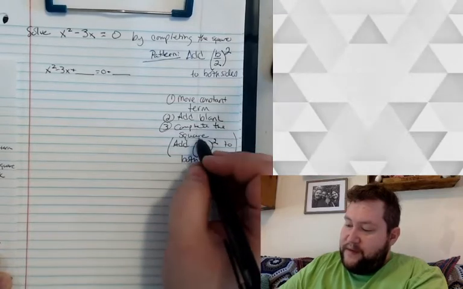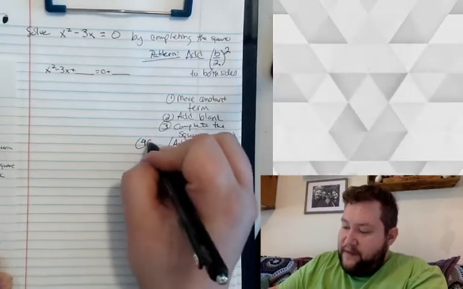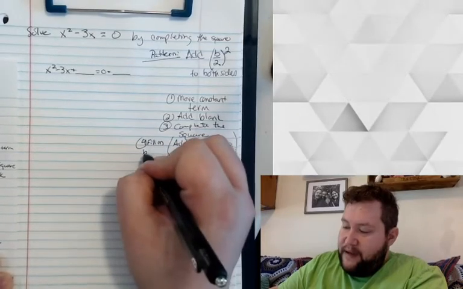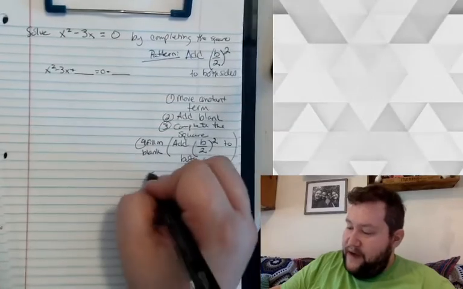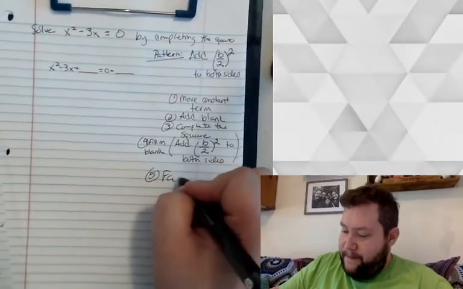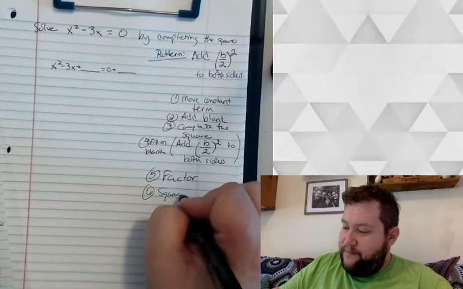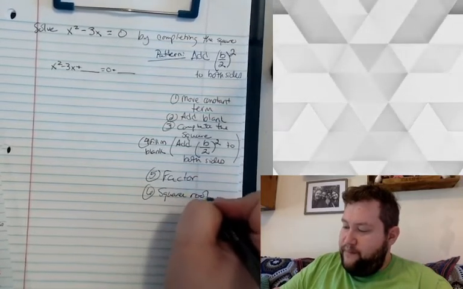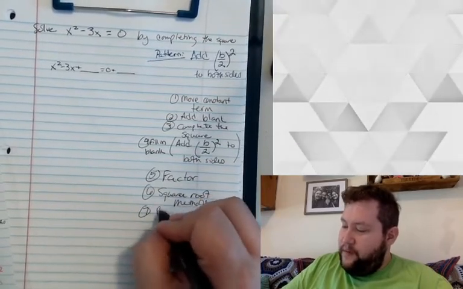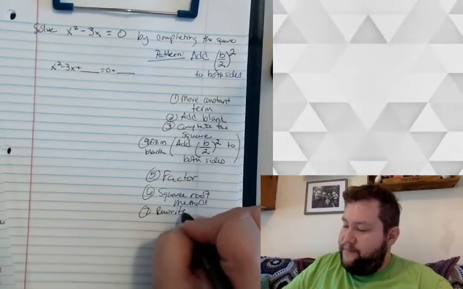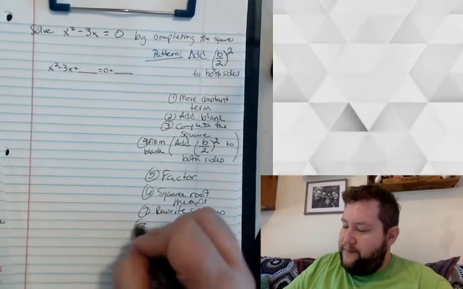Which is complete the square, which is filling in the blank. Fill in the blank. And then we factor. We use our square root method. We rewrite our solutions. And we check.